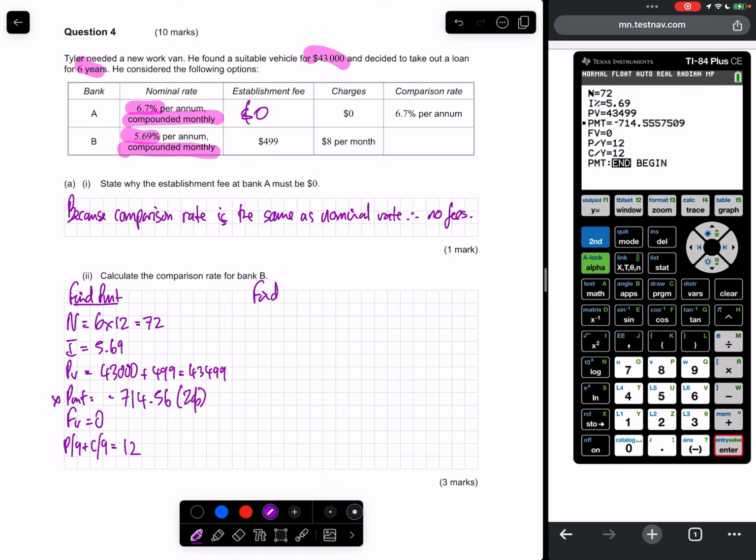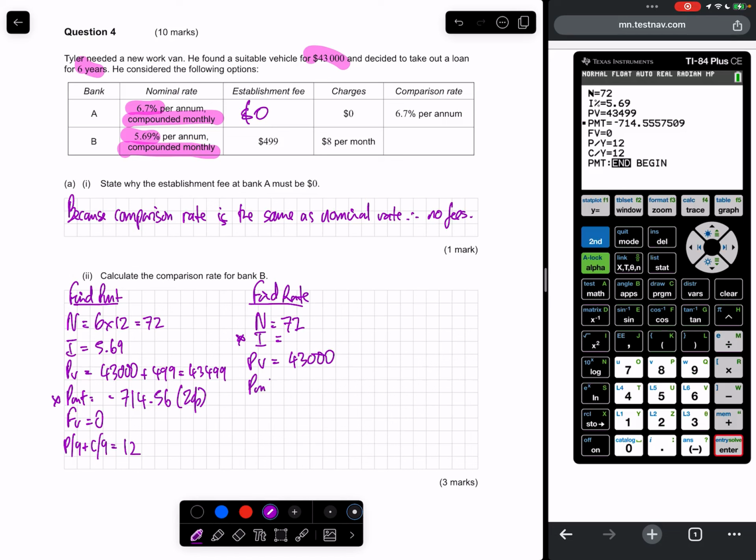So now we can find the rate, because we will go to interest rate and solve for that. PV is now going to be the original one, 43,000.